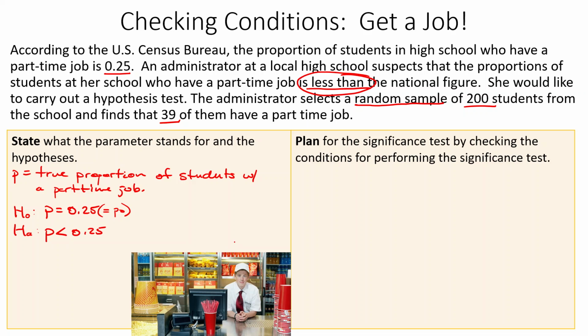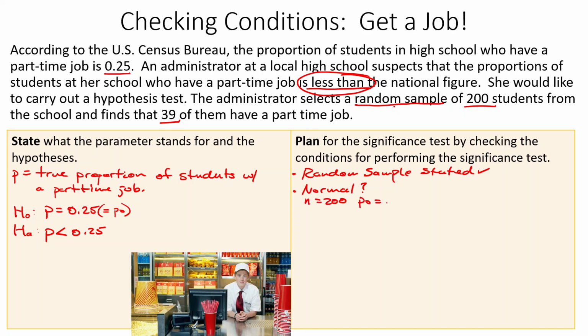All right, now our conditions that we have to check. So first off, do we have a random sample? Yeah, right there. Random sample stated. Check. Next up, normal. Well, our n here is 200.